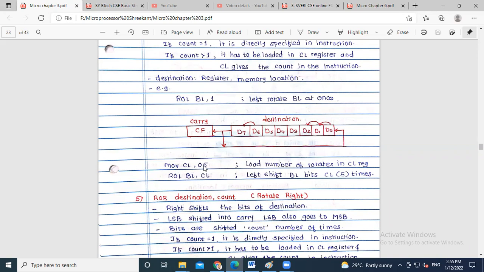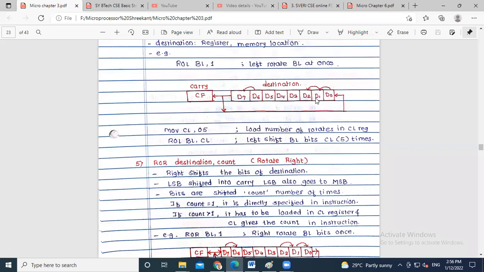So MOV CL, 05, then ROL BL, CL means BL is going to be rotated left by CL digits, one digit each time. That is rotate left.